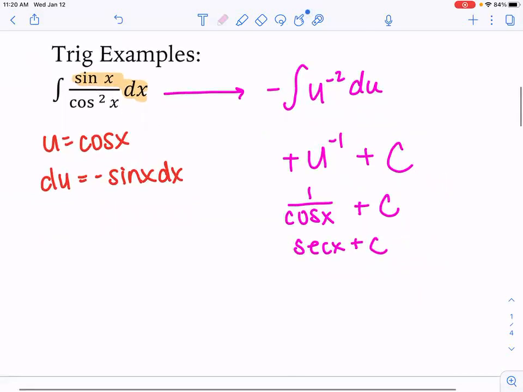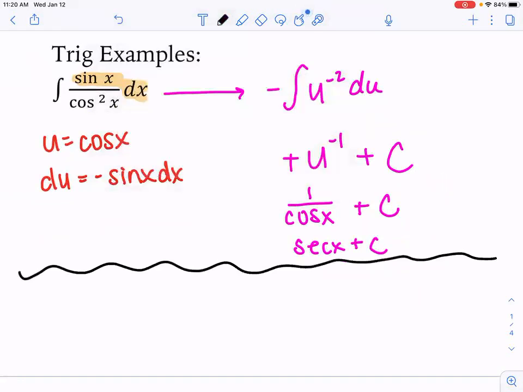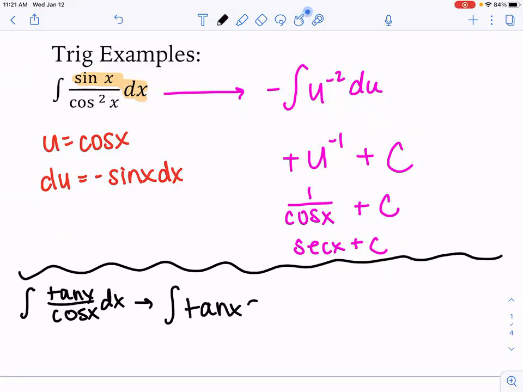So let's go back to Austin's suggestion. Austin, you said that sine over cosine is tangent. If we have tangent over cosine, he got tangent by taking sine over cosine. And if cosine's in the denominator, then we could write it as tangent x secant x. Interesting.